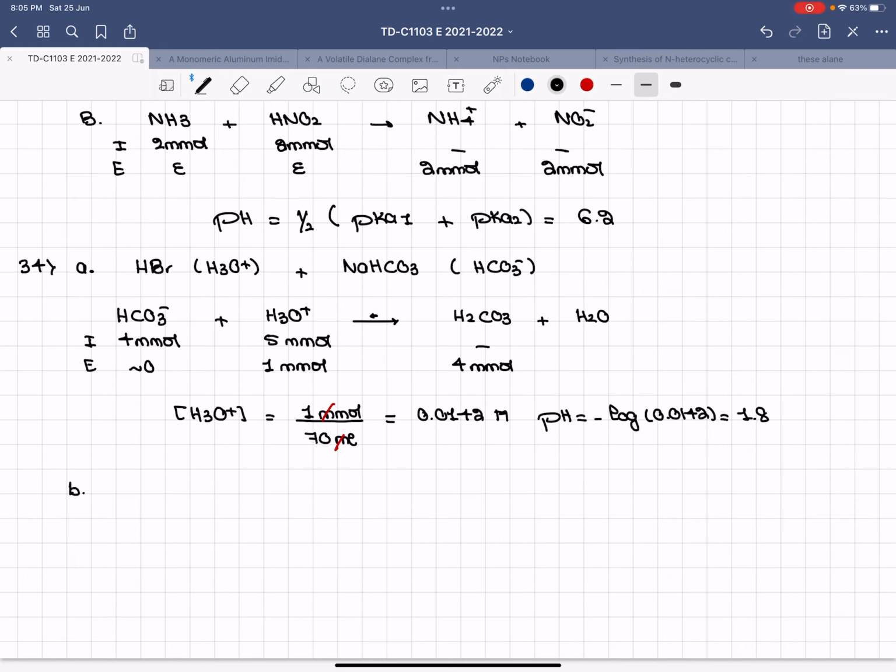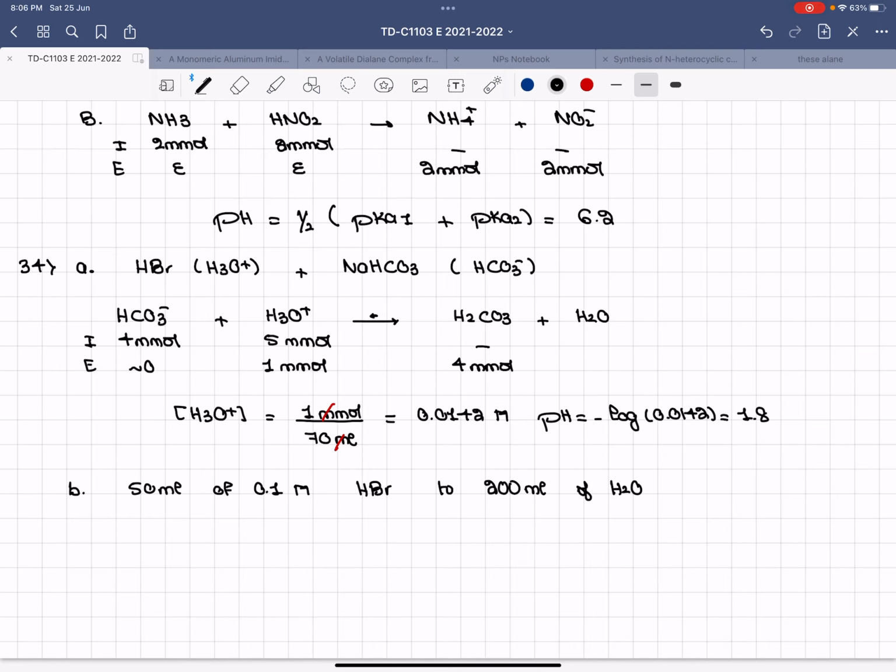Part B. So you're adding, again, 50 ml of 0.1 mole per liter HBr, which is basically H3O plus, to 200 ml of pure water, and this is basically dilution.